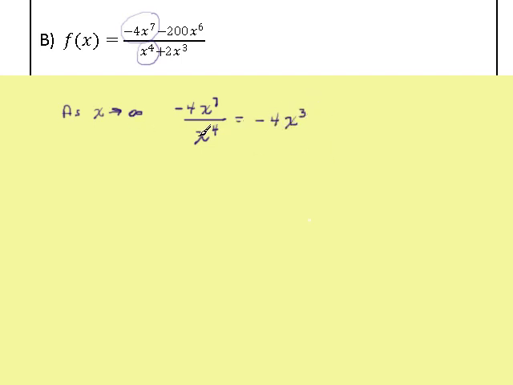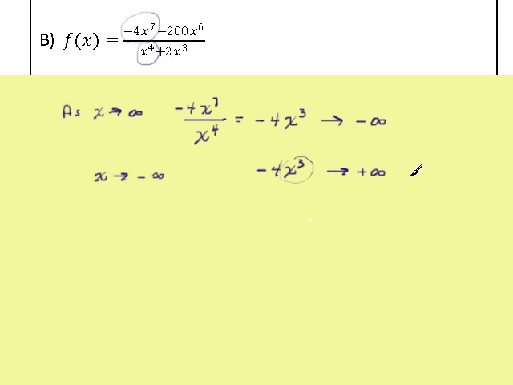Well, as x goes to infinity, minus 4x cubed is going to go to negative infinity, negative because of this minus 4 over here. And as x goes to minus infinity, minus 4x cubed, well, the x cubed part is going to minus infinity, and then we have this minus 4 in front, so that's going to go to positive infinity.